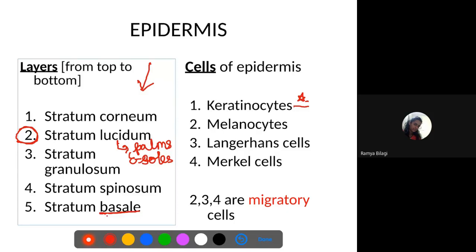They don't go anywhere. Whereas melanocytes, Langerhans cells, Merkel cells are migratory cells. They reach from one area to another to serve their function. So this is a question. These are migratory cells, melanocytes, Langerhans cells, and Merkel cells, whereas keratinocytes is an exclusion. They are resident cells of the epidermis.